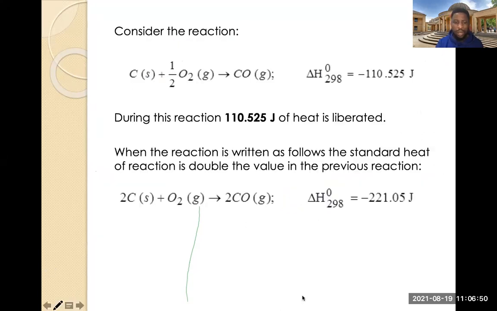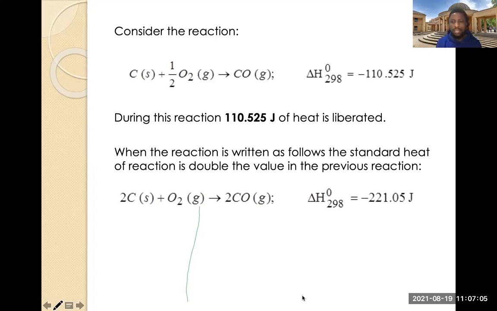So moving on, let's consider the reaction. If you look at what we've seen prior to now, we looked at products and reactants.